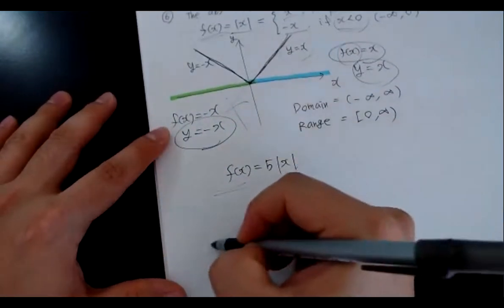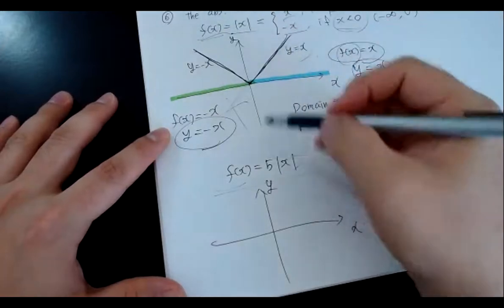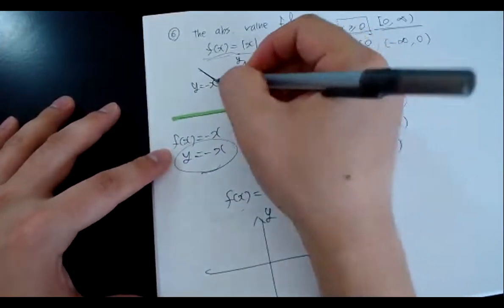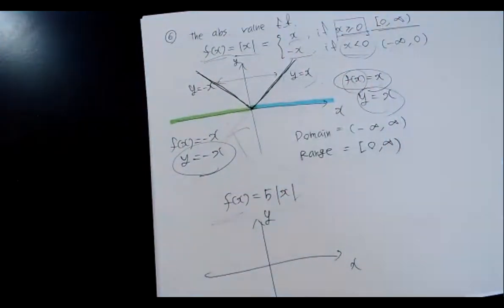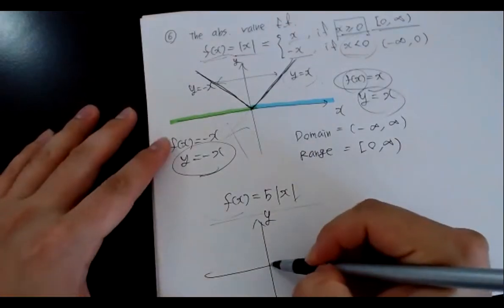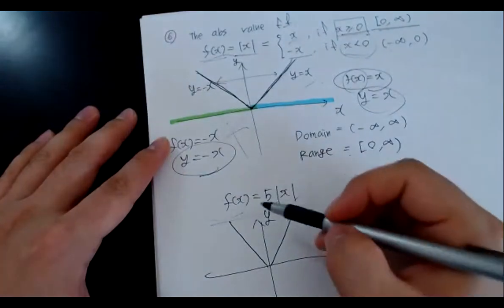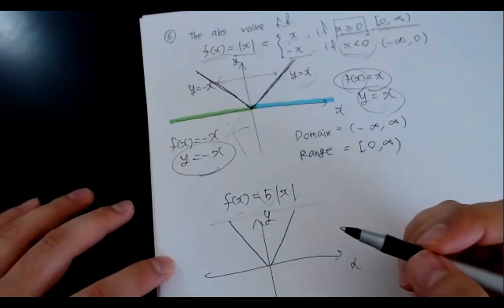The answer is this: the width between the two straight lines gets narrower, like this. Okay, for 5 times. How come?